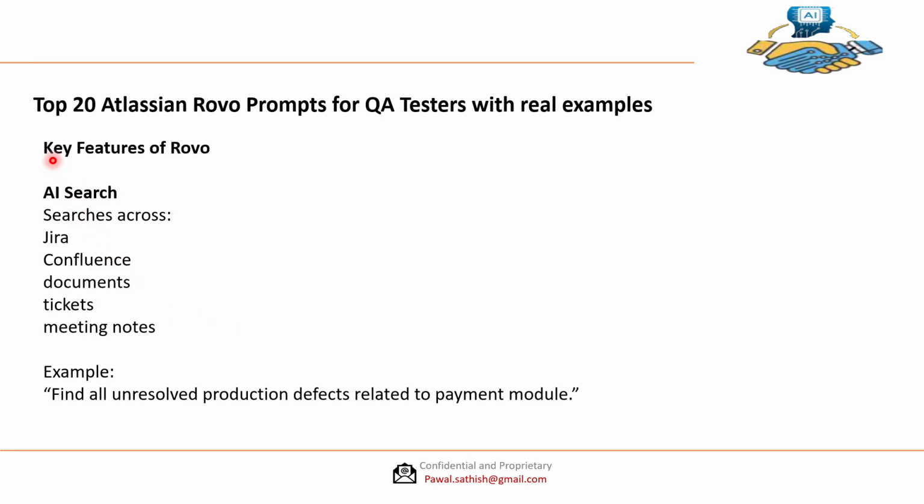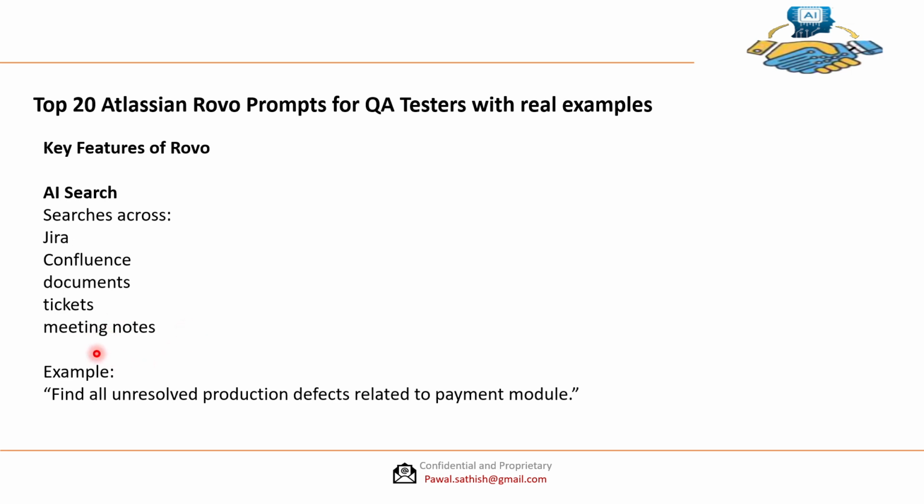In today's session, we will see the key features of Rovo. The first key feature is AI search. When you search for anything, the search goes across Jira, Confluence, documents, tickets, and meeting notes.